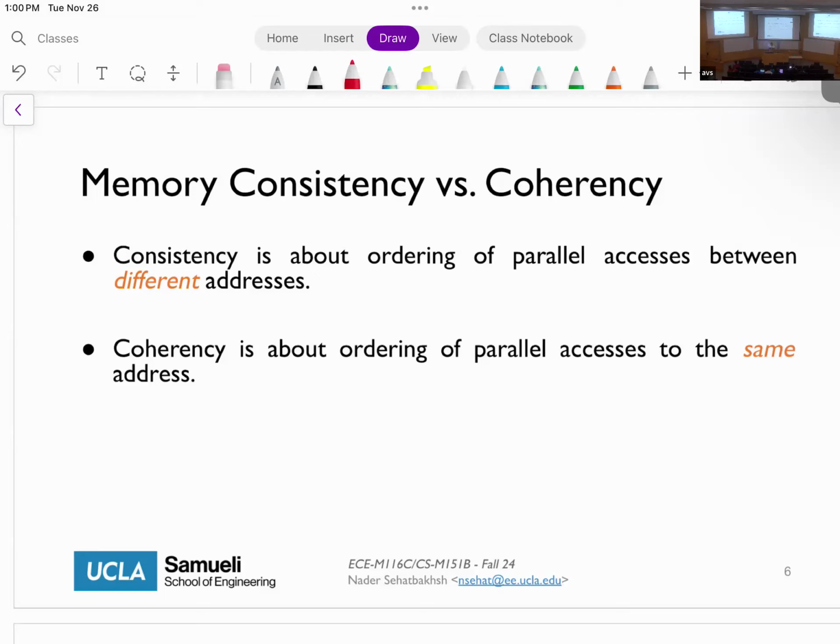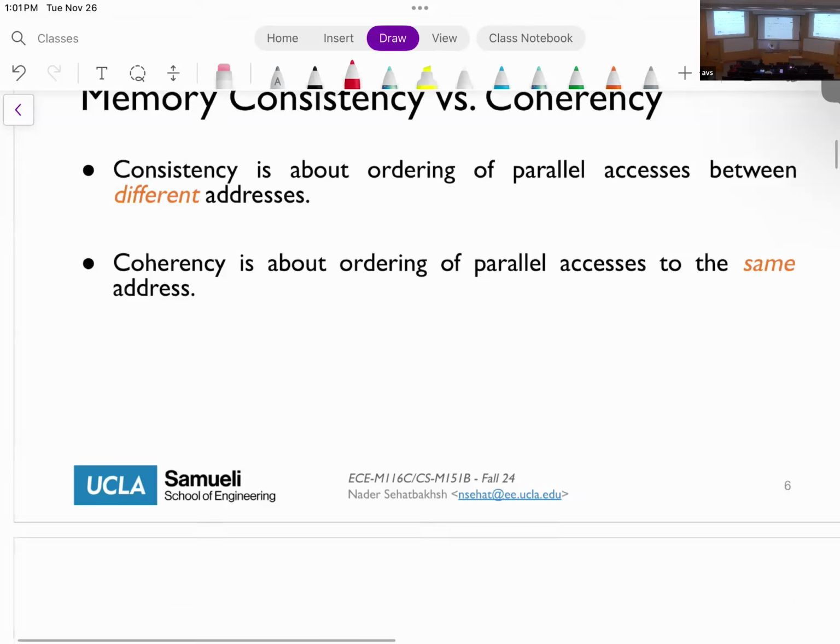Consistency means that reordering things in one core of different addresses will result in different values and different outputs in the other core. So this is very different from the coherency problem. Just keep in mind that these are two separate problems. One is about making sure that the copies that everybody has of the same address are the same and coherent. The other is about the ordering of these and making sure that the orderings stay similar.